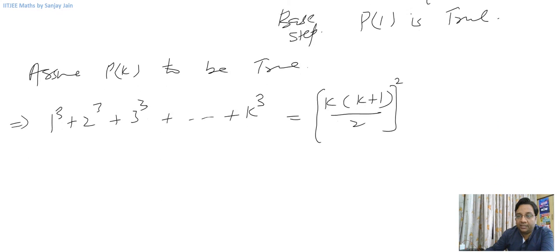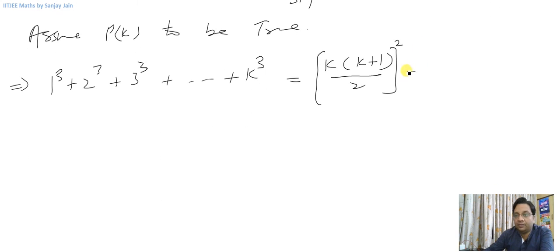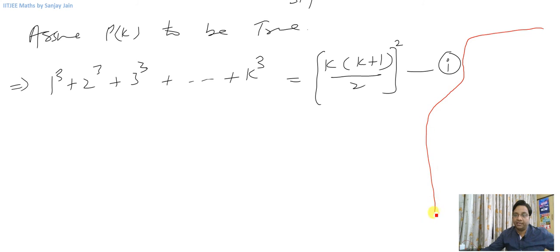Let this be my statement number 1 or my equation number 1, which I am going to use to show that P of k plus 1 is true. And what would P of k plus 1 look like? Let us have that imprint in our mind. For your convenience, I am writing it here.